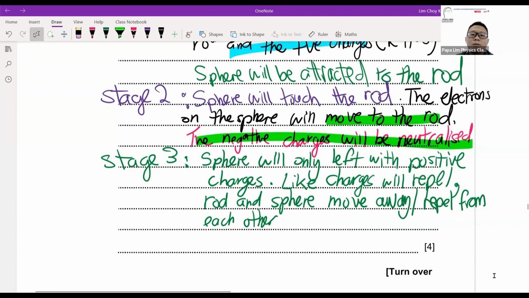And when it transfers, the positive charge will be neutralized.